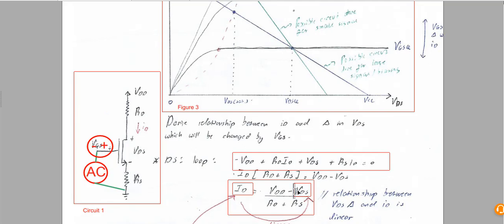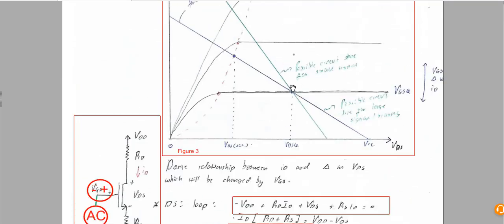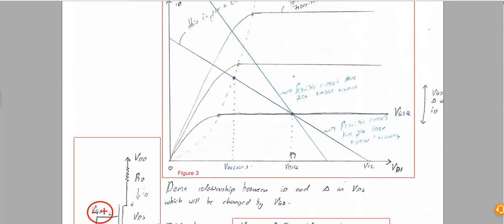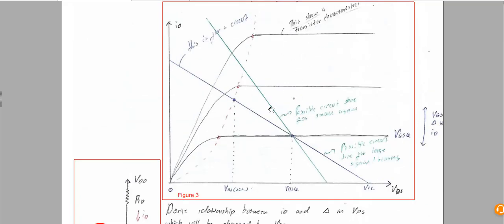That means we bias the transistor at a specific VDS. Now let's look at this graph. We'll have a specific VDS here, just like in the previous videos, where we had this transfer table. So now we're going to have a specific VDS over here. Now, this will also be linked to a specific VGS.